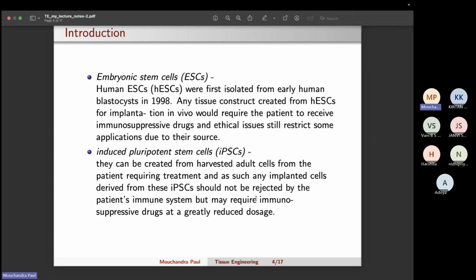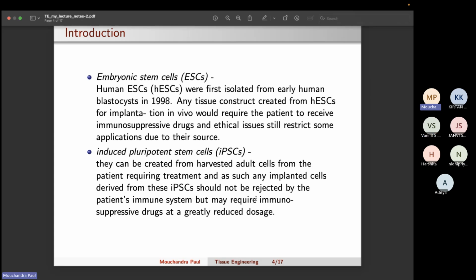Also, when you use the adult cells from a patient, treat them so that they become induced pluripotent stem cells, and then inject them back into that patient's body, the risk of rejection by the patient's immune system is reduced. But there is still some chance because you are genetically modifying that cell, so whatever changes have come up can still trigger the immune system.